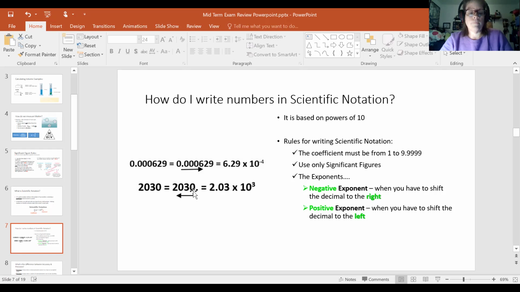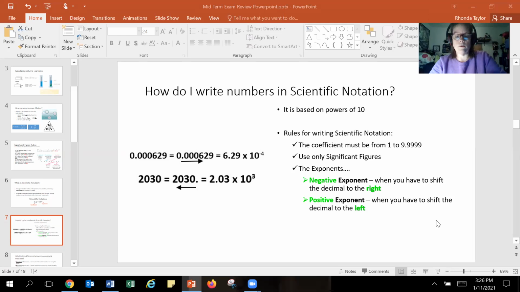Again, you count the number of times you move that decimal, because it's going to be used when you figure out what your exponent is for your 10 here. 10 to the power of what? So here are your rules for that. If you need a little refresher, you can come back to this page, or you might have to go to YouTube and look at some videos or look at your notes from class.